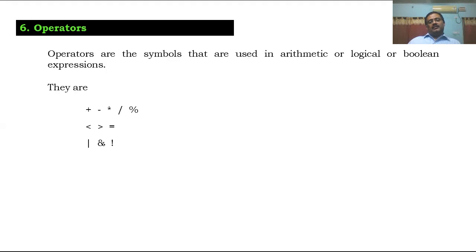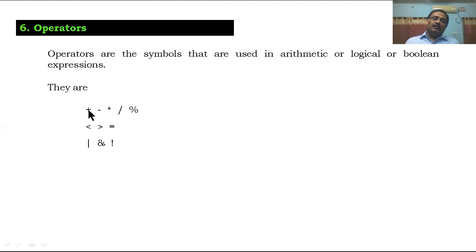Operators. Operators are very important when we are going to perform different mathematical operations. They help us to compute different formulae to finally result in some answer. To perform arithmetic operations, arithmetic operators are there.